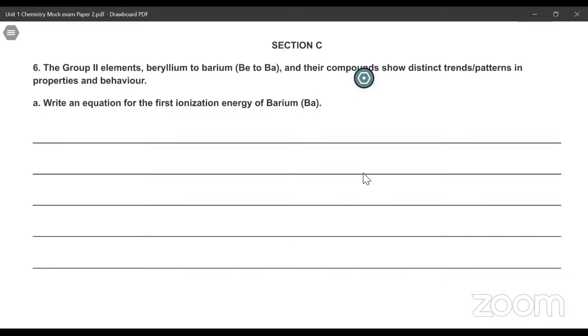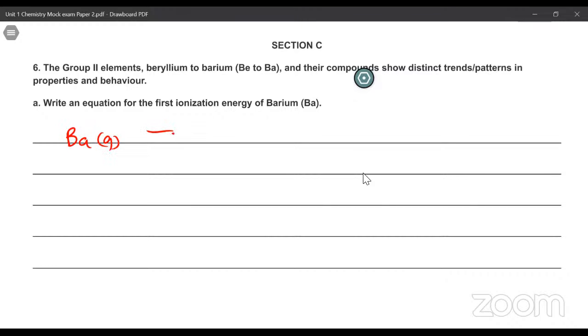Now, this wants you to write an equation for the first ionization energy of barium. It's best to know the definition for ionization energy, which is the energy required to remove an electron from 1 mole of a gaseous atom to produce 1 mole of its gaseous ion. So the first ionization energy for barium would be Ba, in the gaseous state.